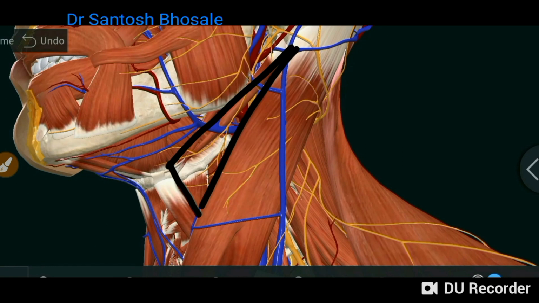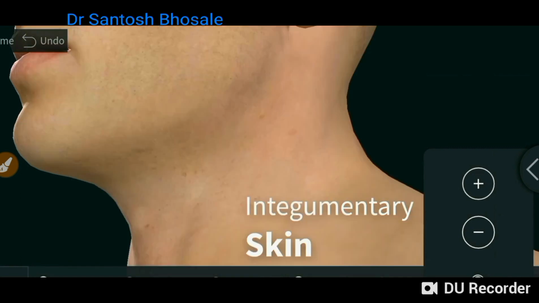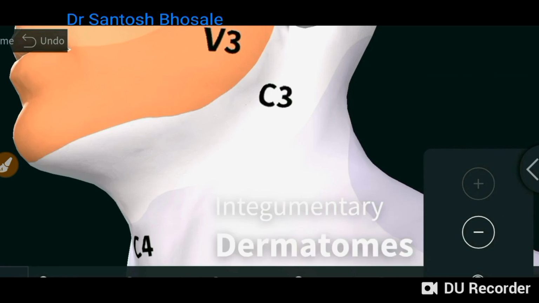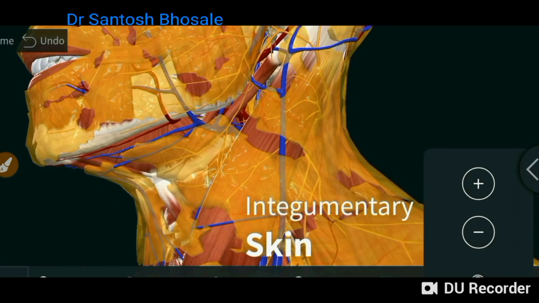You can see superior belly of omohyoid, above posterior belly of digastric, and behind the anterior border of sternocleidomastoid muscle, that you will see. And when you see the roof of the carotid triangle, it is formed by the skin, superficial fascia containing transversocervical nerve, tributaries of external jugular vein.